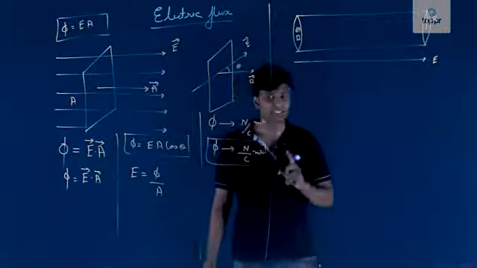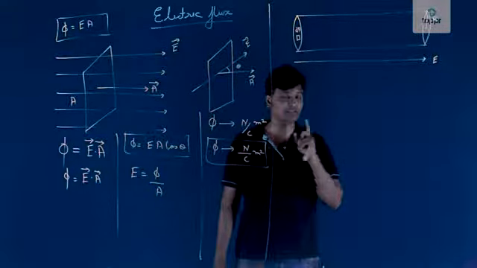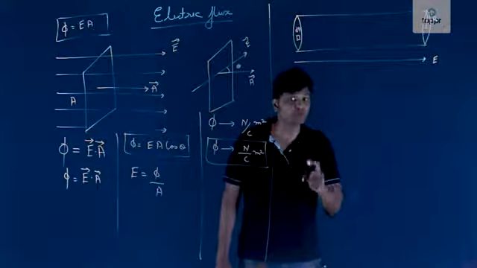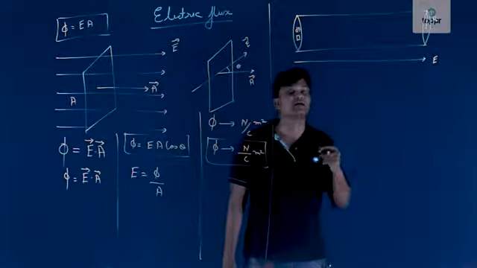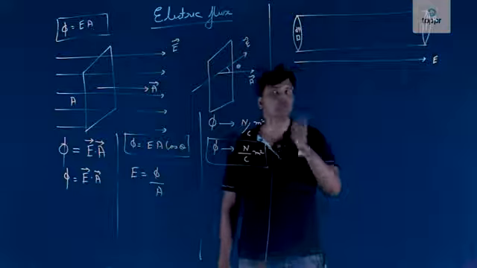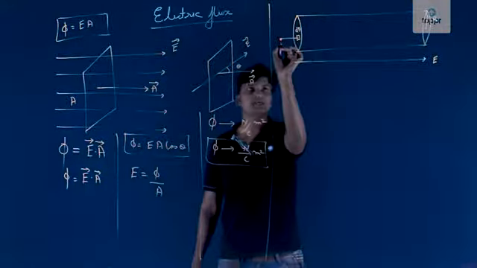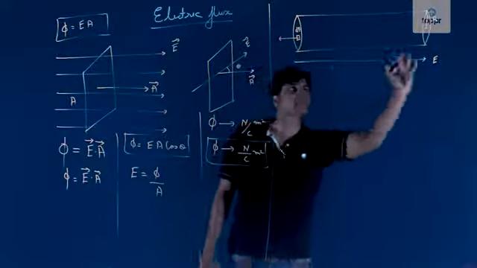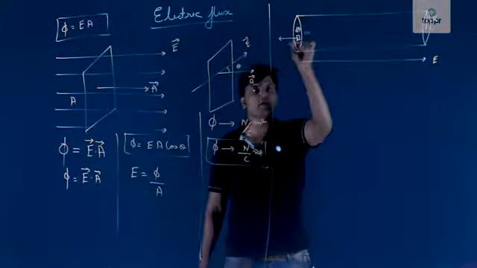Now this dA, since it is an area vector, what would be its direction? The direction of the area vector is always taken as perpendicular to the given surface area and outside the closed surface. So this is the area vector, perpendicular to the given area and outside the closed surface, in this direction.